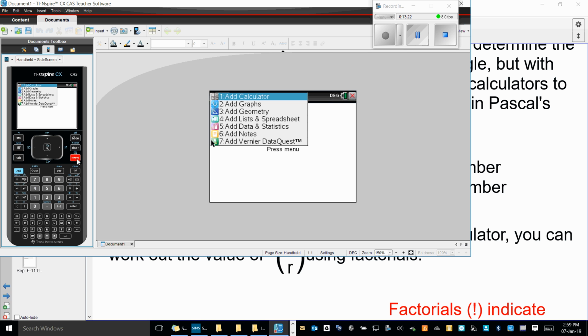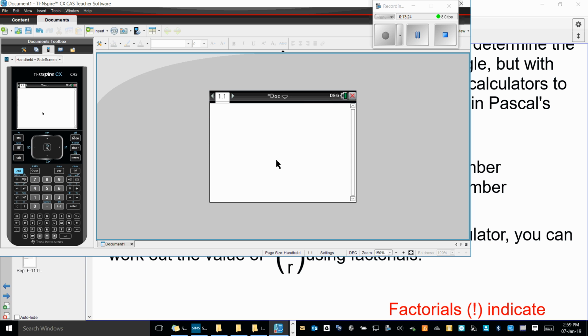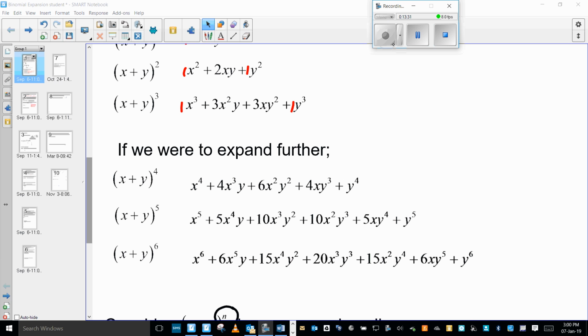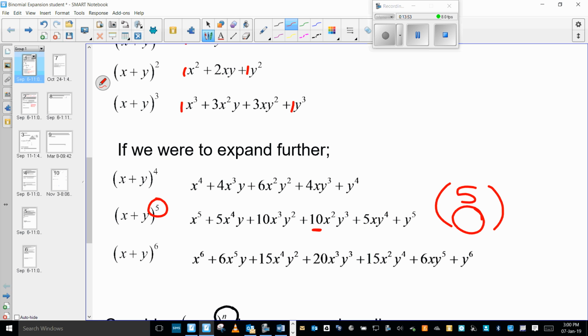So we want to actually calculate something. The kind of situation that we're trying to establish is we want to work out what number should be here. So we say to ourselves, okay, it's row 5 because this is 5. So we'd be trying to find the value of 5, and then we have to establish which number this is.